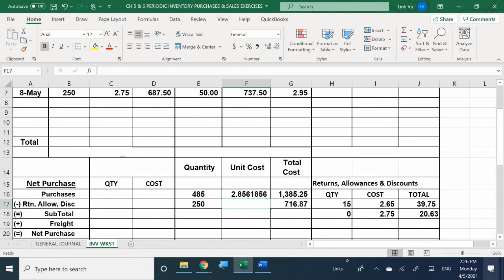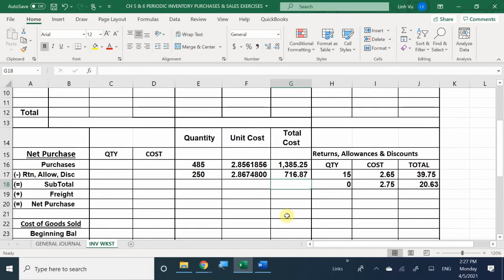But knowing that my purchase price is not $687 anymore, it's going to be $20.63 lower. So in this case, I need to calculate a new cost per item, which is going to be how much? 2.87. In my cell, it appeared to be like that, but if I pull it out, it's going to be 2.86748. Okay.